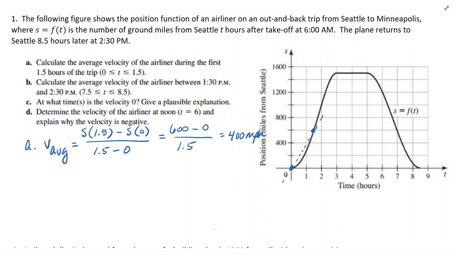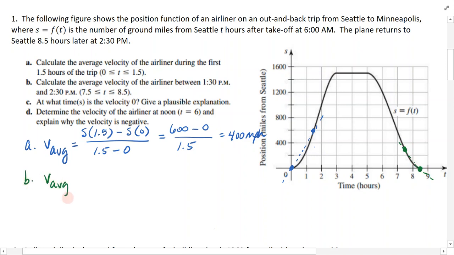Now, the next question says, okay, well, what's the average velocity between 1:30 and 2:30 p.m.? Or in other words, between a time of 7.5 and 8.5. So if I come over here to the graph and I locate 7.5, which is about right there, and 8.5, which is at the end, we can again think about average velocity as the slope of the secant line passing through those 2 points.